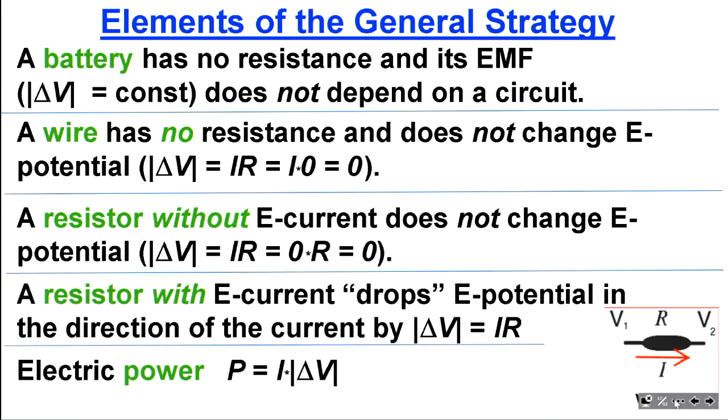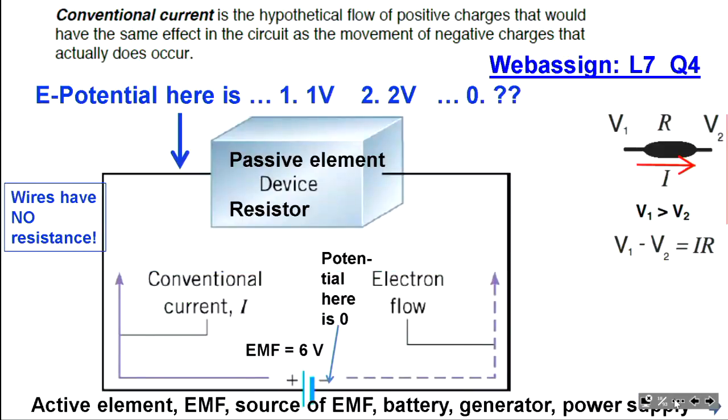So this is the same slide with one additional line about the power. Question. We have a battery connected to a resistor. In this situation, there is only one source of EMF and one device which draws electric current.